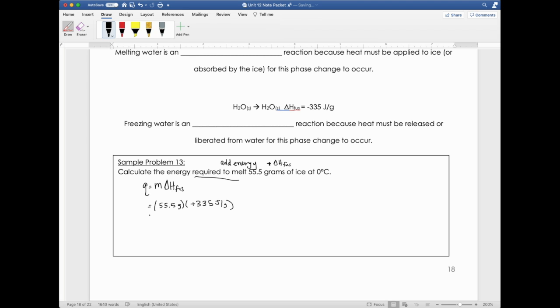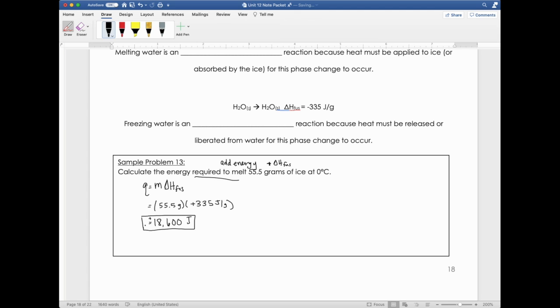When you solve for that, in this case, it's very easy, just one multiplication. You get 18,600 joules. And if you want, you could throw that positive in the front, since you will have to apply that to that system. And easy as that. So there's the answer to sample problem 13.